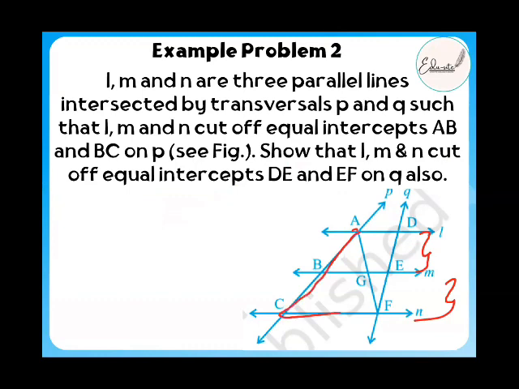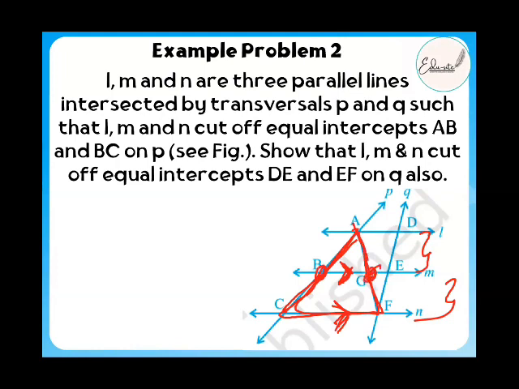Just see here. This is one triangle, right? ACF is one triangle. In this, BG and CF, we can apply the midpoint theorem for this and this. So from this you can prove G is a midpoint.